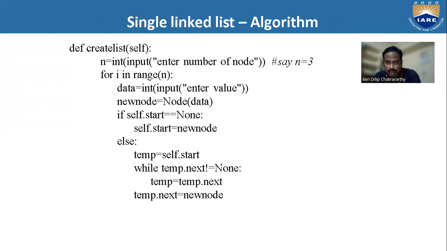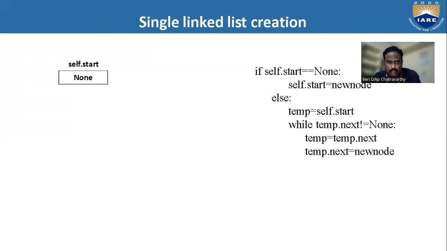That means first I should have an engine followed by a compartment. I'll be taking a compartment. Similarly, here also I'll be taking a node, and in that node, I'll be taking the data. Similarly, I'm taking all the nodes. First of all, I'm taking all the nodes, then I'll form a link between all these nodes.